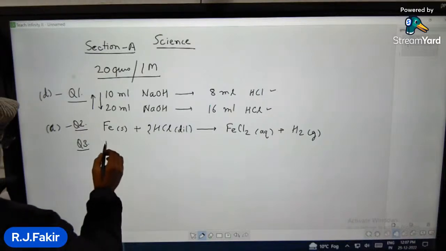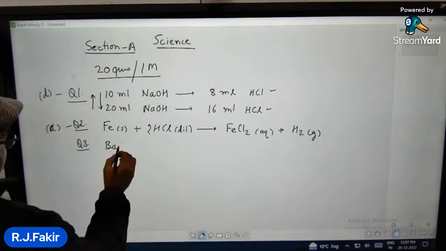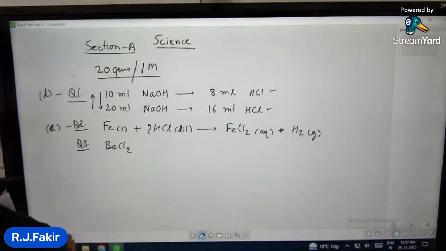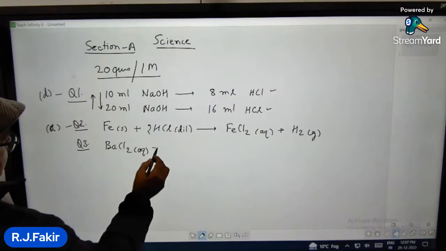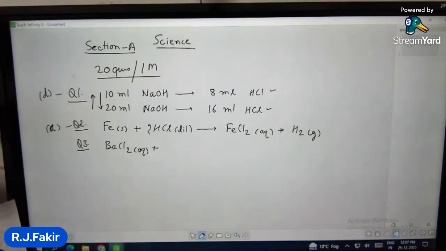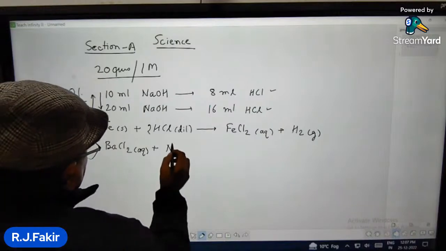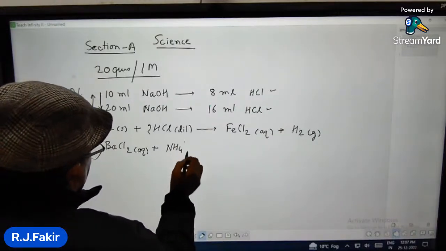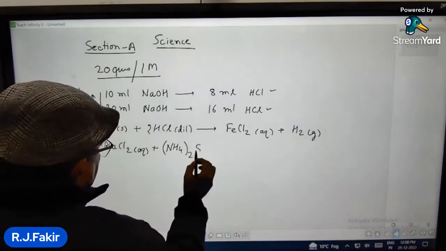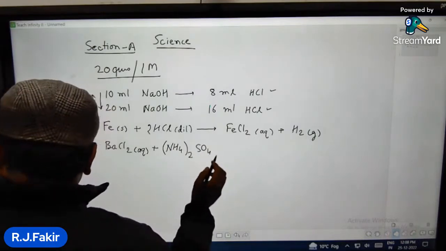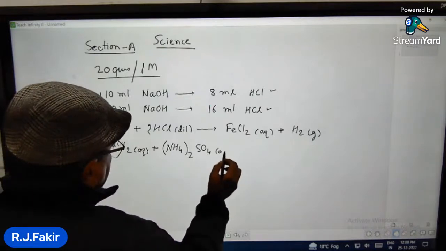This is barium chloride, BaCl2, which we are taking aqueous, plus (NH4)2SO4, also aqueous.